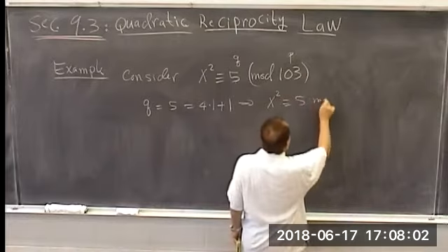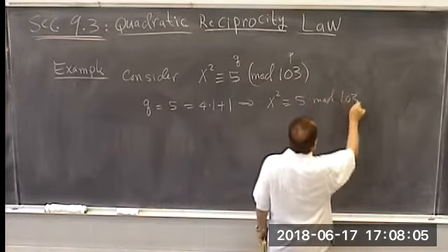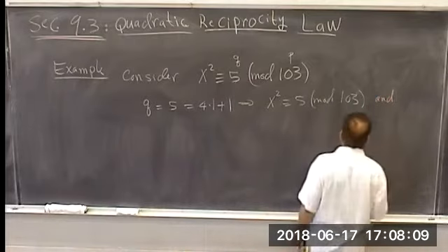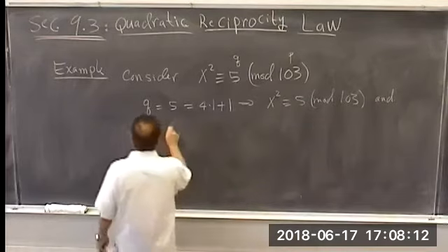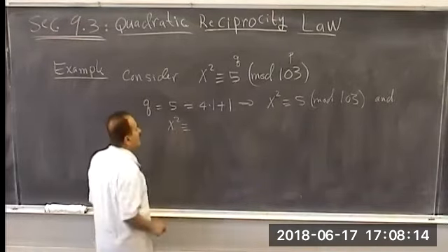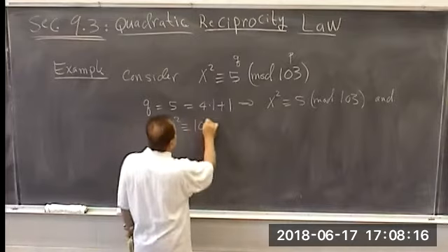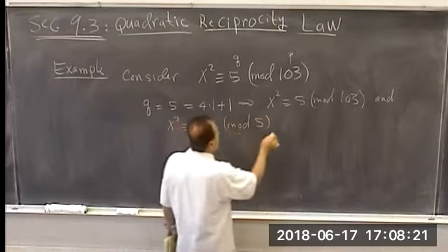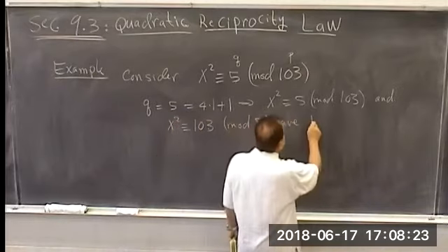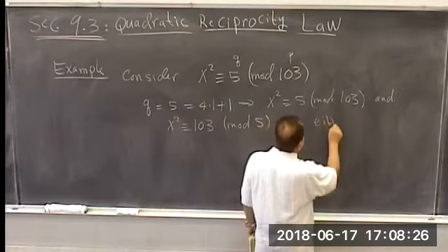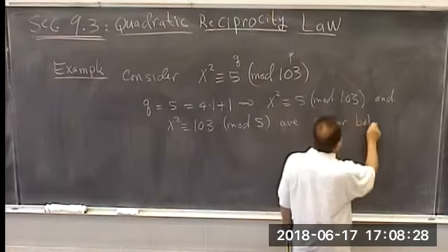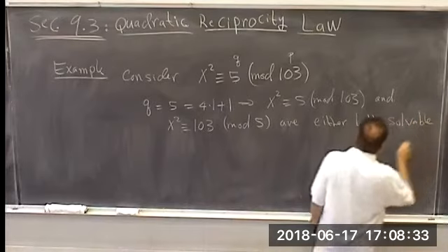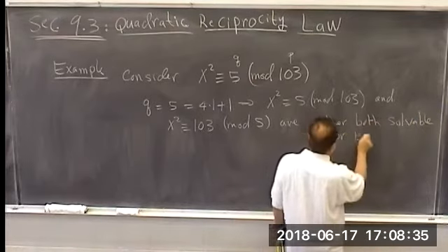5 mod 103 and x squared congruent to 103 mod 5 are either both solvable or both unsolvable.